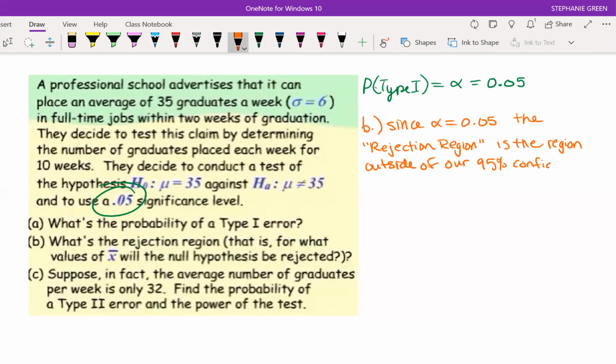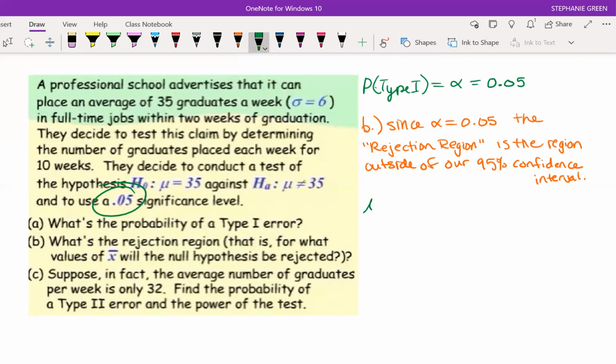If I had chosen alpha to be 0.01, then our rejection region would be the region outside of a 99% confidence interval. So to determine our rejection region, we have to determine the confidence interval.